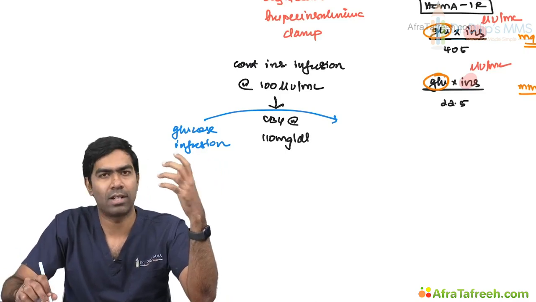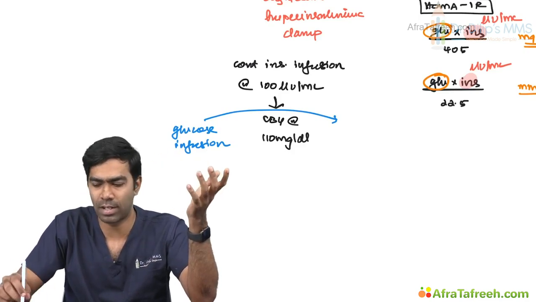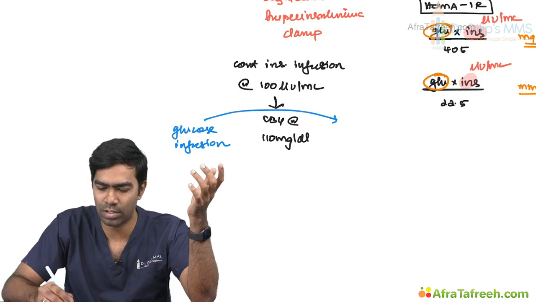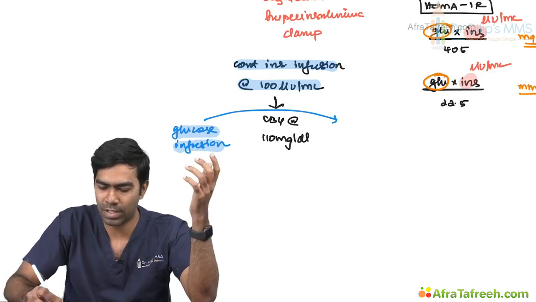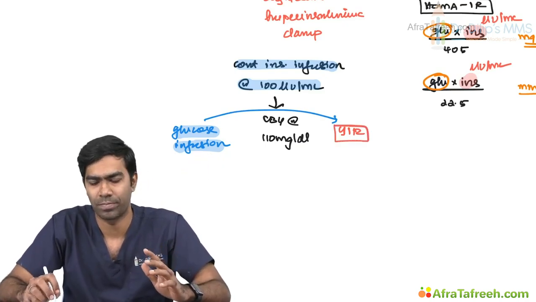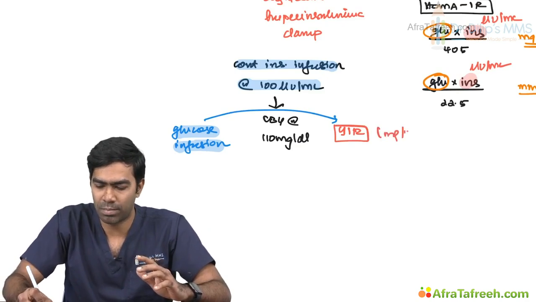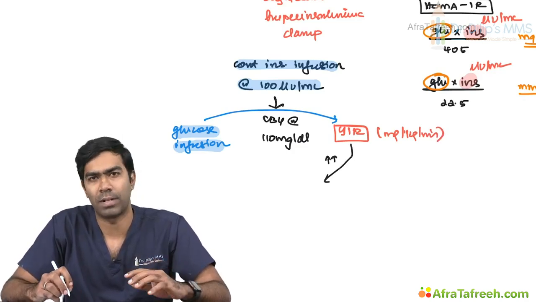To maintain this blood glucose level of 110 milligrams per deciliter in the background of a continuous insulin infusion, how much glucose do I need? That's the idea. I'm going to measure it using the glucose infusion rate, in milligram per kilogram per minute. Suppose my glucose infusion rate is very, very high, what does that mean?